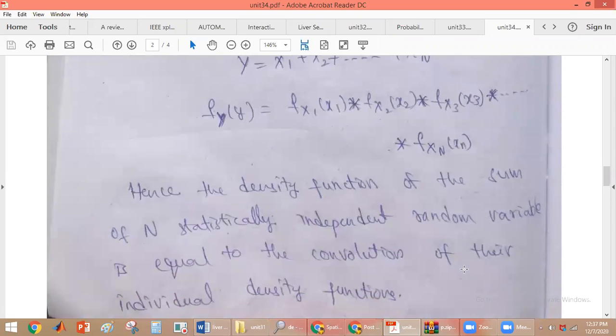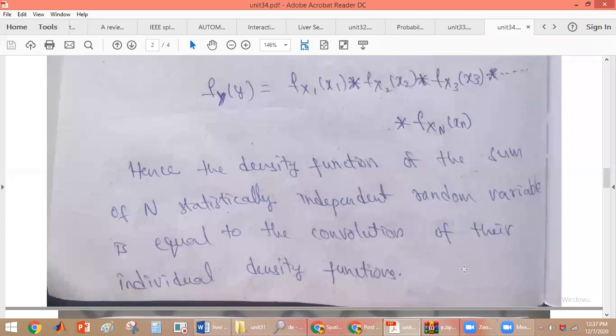So from this we can say the density function of the sum of n statistically independent random variables is equal to the convolution of their individual density functions.